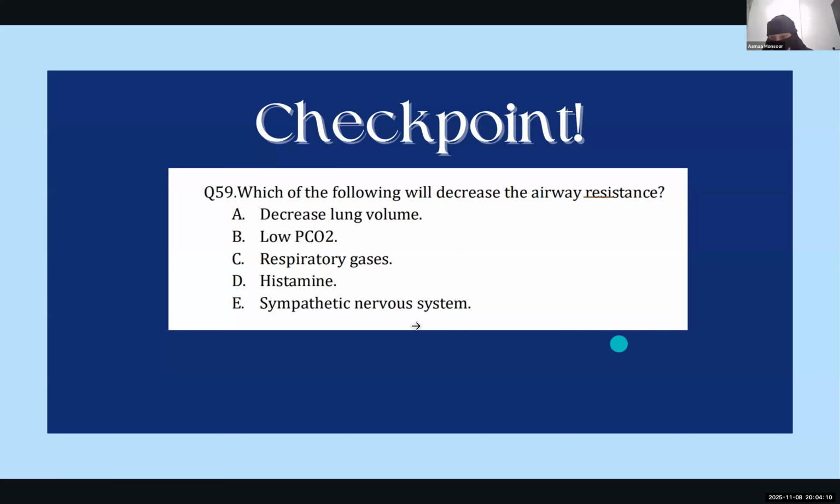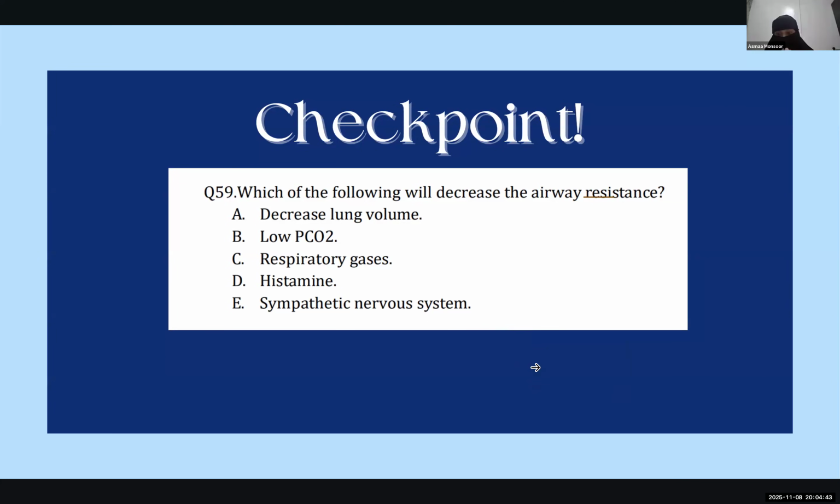Let me explain. Histamines are certain chemicals that are released in the body, and they do cause bronchoconstriction. Do you need to know how they cause it? No, you don't need to know that, because it will be too much information. It's just that they are chemicals. I hope that's okay.